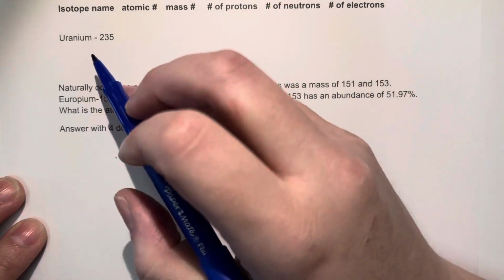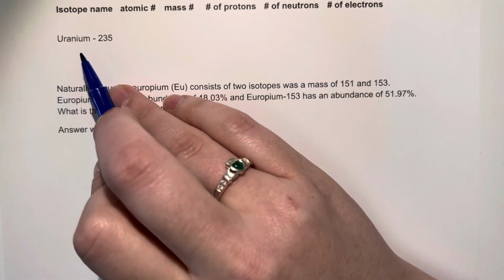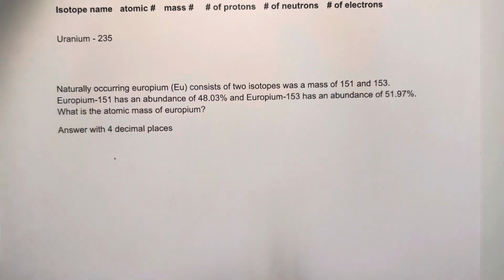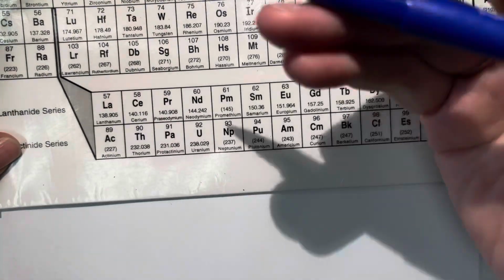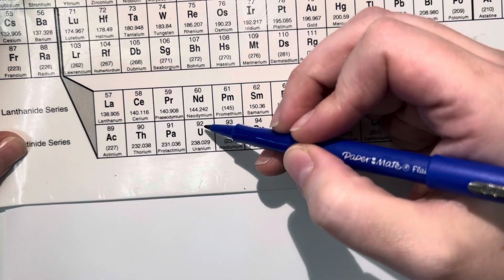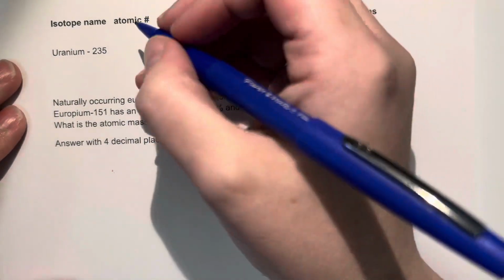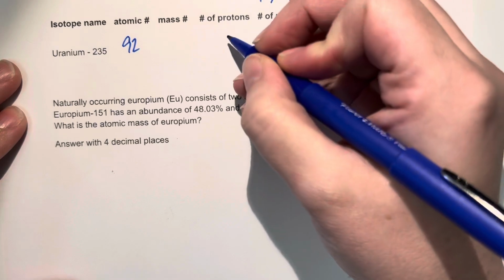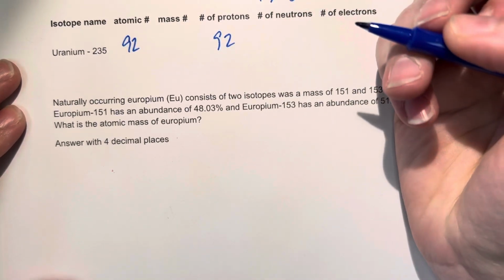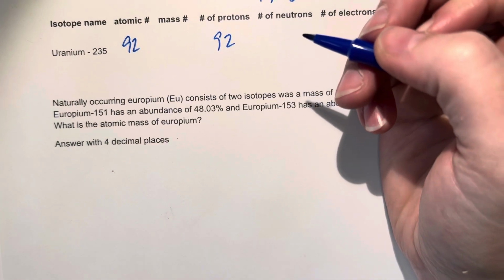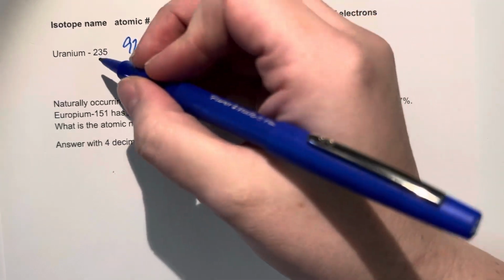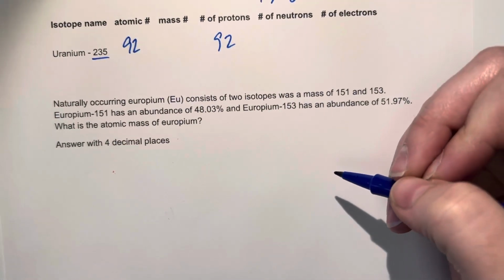Uranium-235. Uranium is atomic symbol U, and its atomic number is 92. My number of protons is the same as my atomic number. My mass number is stated in the isotope notation.